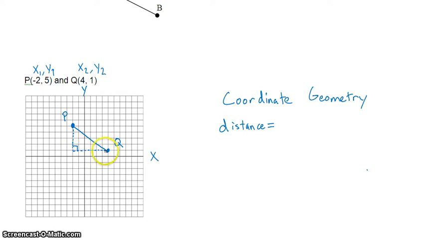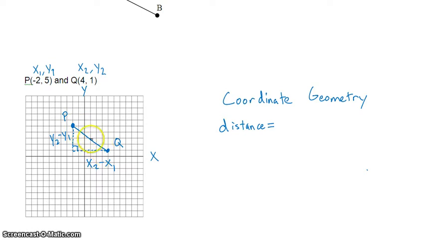To find the length of this leg, the length of this leg is really the difference in our x values. This length is x2 minus x1. And this length is really the difference in the y values between P and Q. It's really y2 minus y1.